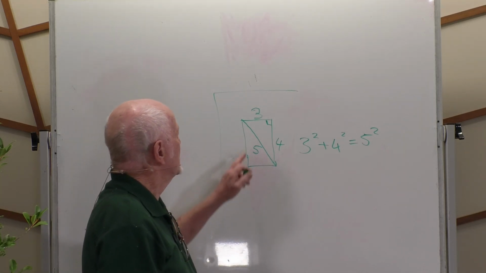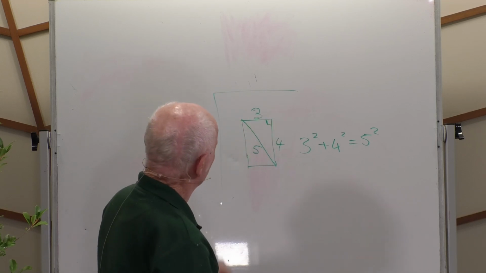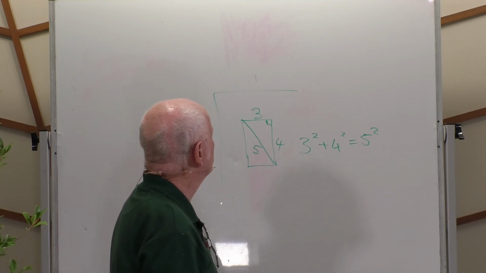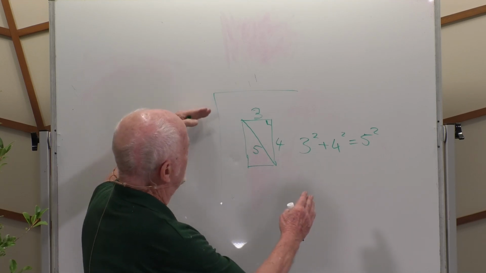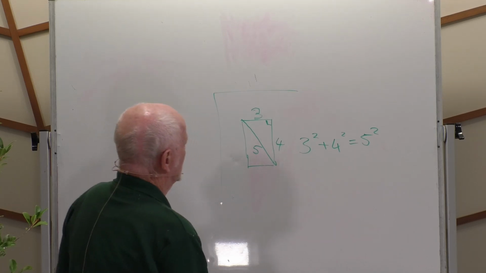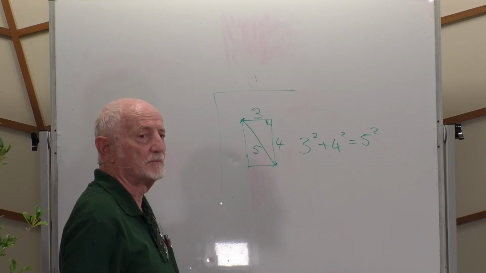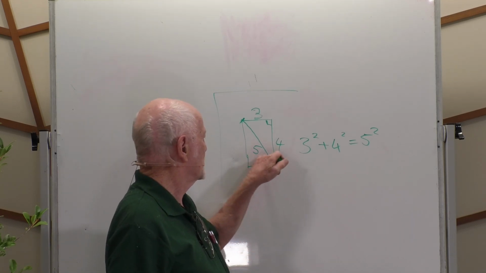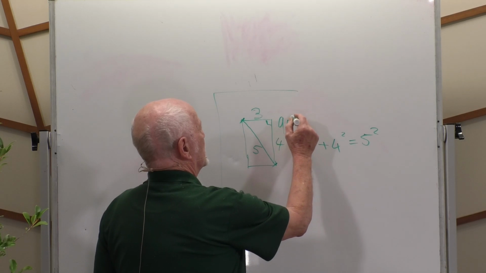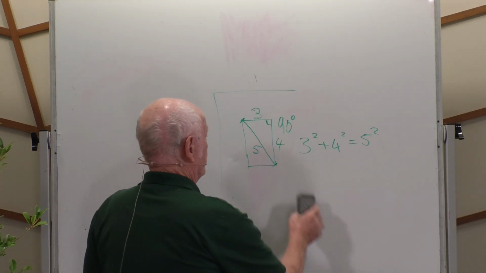So, if you measure 3 metres and put 2 pegs in the ground, and you measure that way 4 metres and put another peg in the ground, and you move the 2 tapes that you've been using, and you find that this distance from there to there is 5, you've got a perfectly square 90-degree angle. Right? That's his theory, and it works.